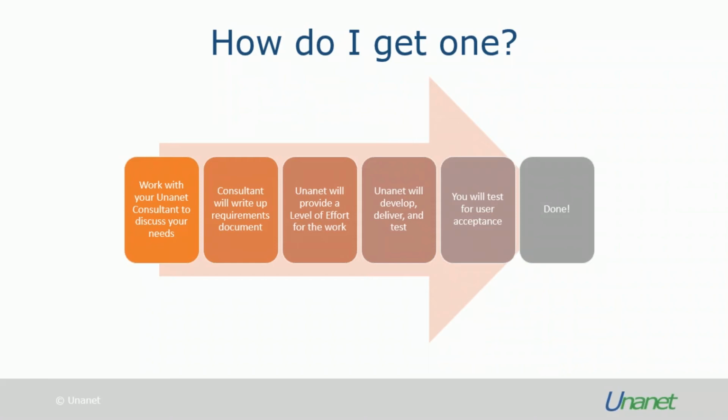The developer will assess the requirements, come up with an LOE, a level of effort for the work defined in the requirements document, and the LOE will be approved by the client. Then the developer will begin work on that. They will develop the VSP, deliver it, test it, do the user acceptance testing for the client, and then you're all set. Your VSP is in place for your Unanet.